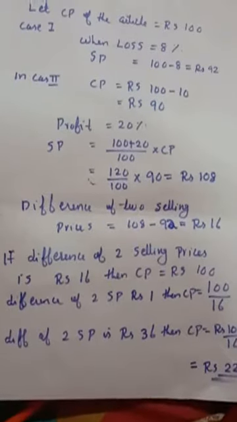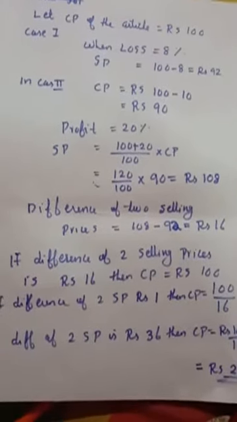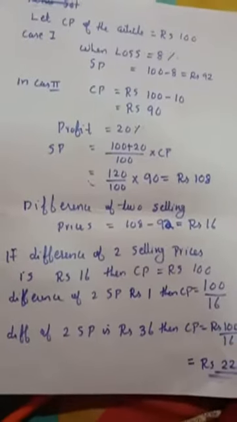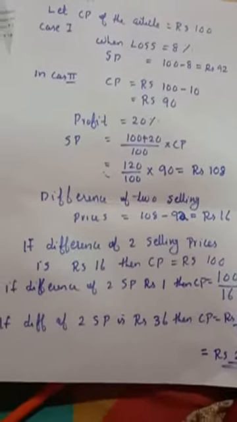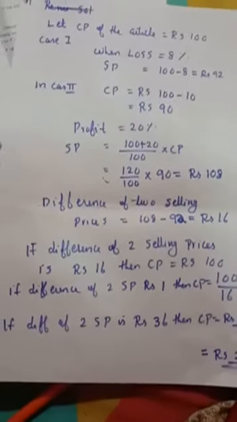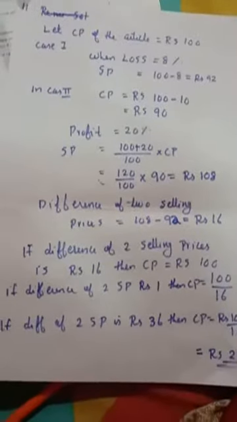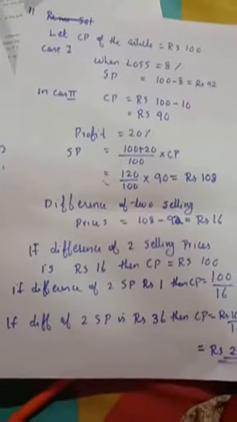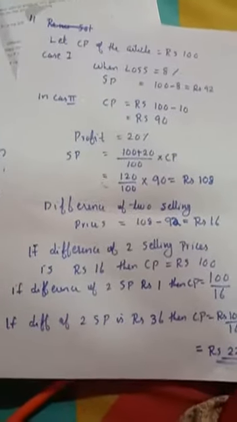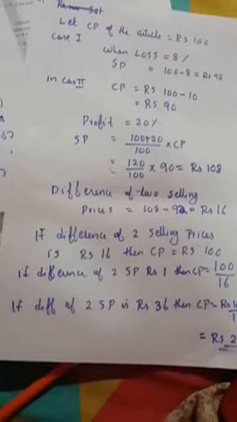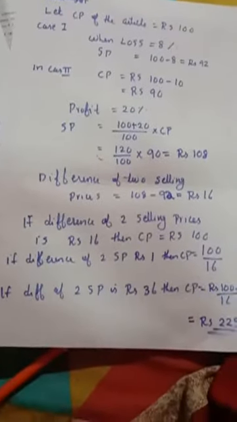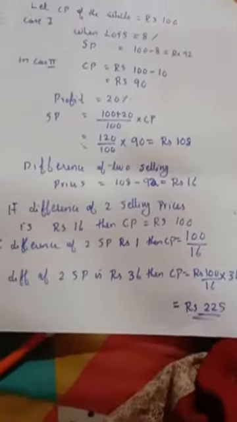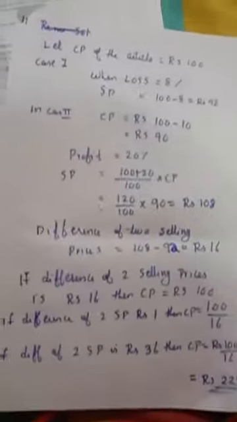That is 16. Now if the difference of two selling prices is 16, then what is our CP? We assumed at first 100. Then if the difference of 2 SP is rupees 1, then CP 100 by 16. Then if the difference of two selling prices is rupees 36, then CP is 100 by 16 into 36, which is equal to 225. Okay, got it?